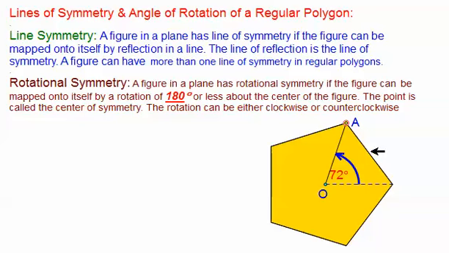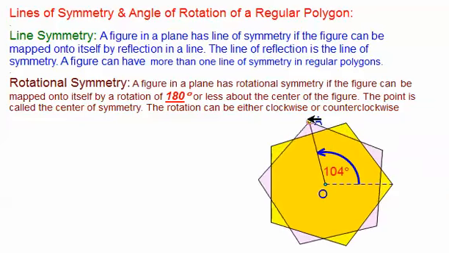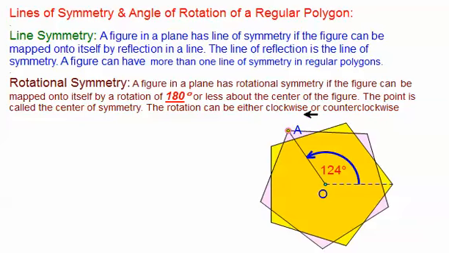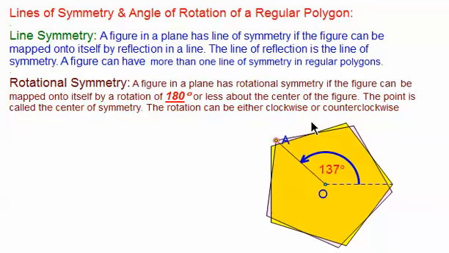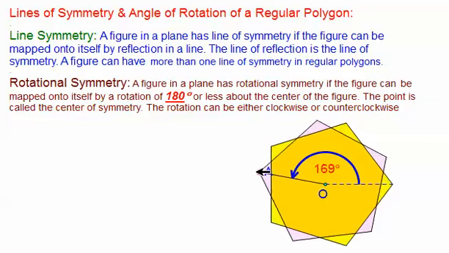If I continue moving this, the next angle of rotational symmetry I see is going to be 144 degrees. So that means it's matching again. The smallest was 72 degrees, and the next one I get is 144, but it is never going to be more than 180.